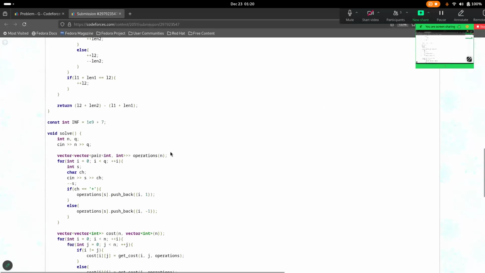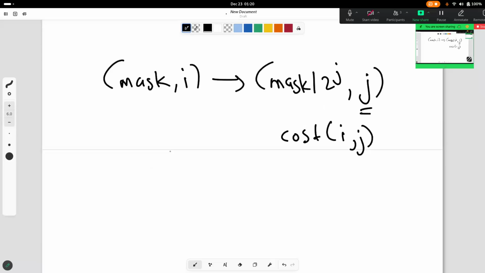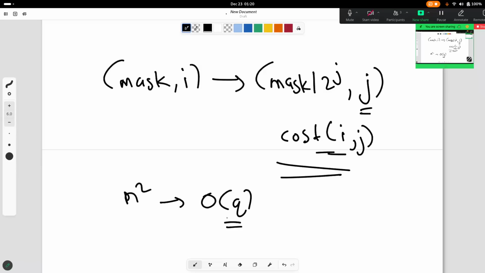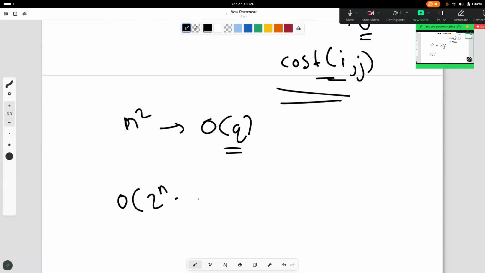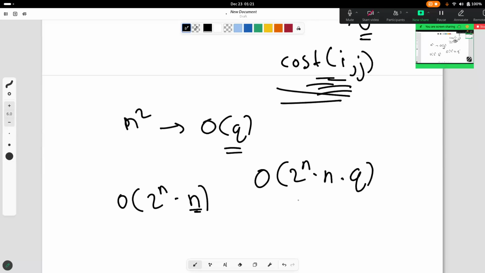And one more thing, the optimization. If you look at calculating this cost part, there can be at most n squared ij pairs, and calculating each of them can take at most big O of q because you have to go through the operations. And the DP states, there are going to be big O of 2 raised to power n masks, and each of them will be associated with a final element, so 2 raised to power n into n. Now, if you calculate this cost on the fly, your overall time complexity would become 2 raised to power n into q, and this won't pass.